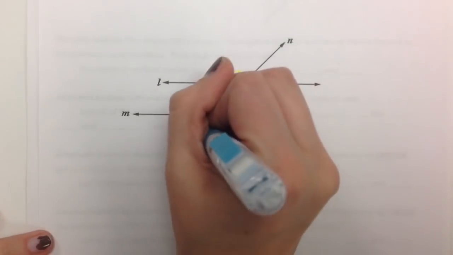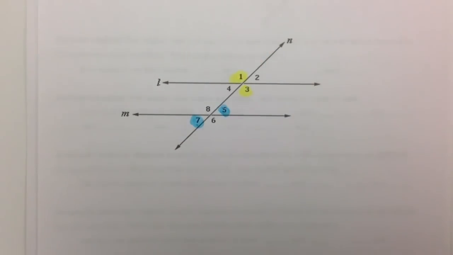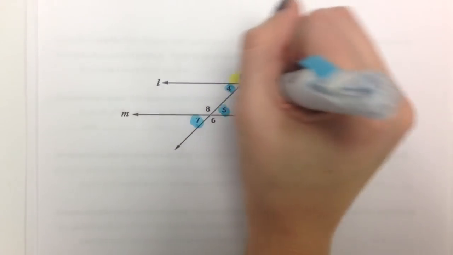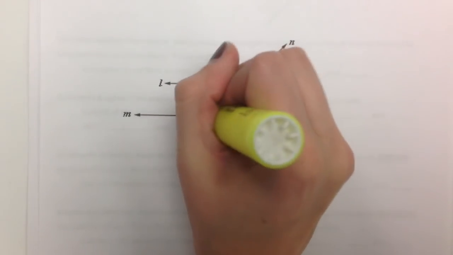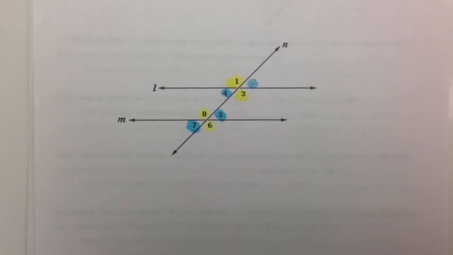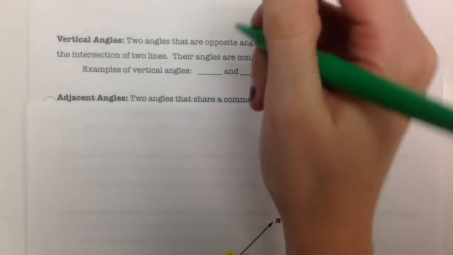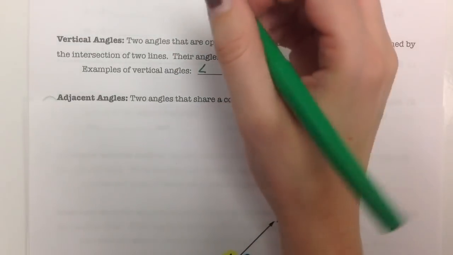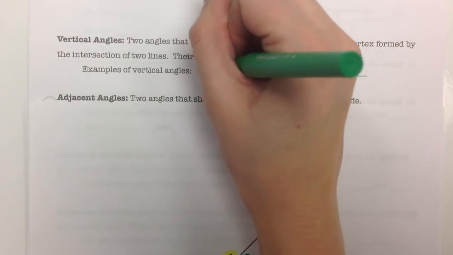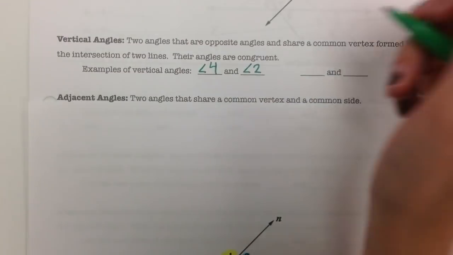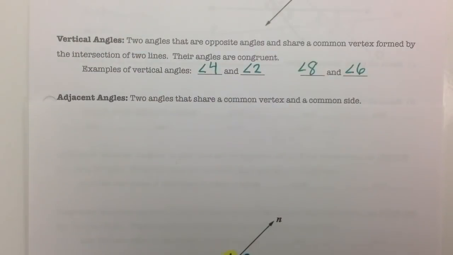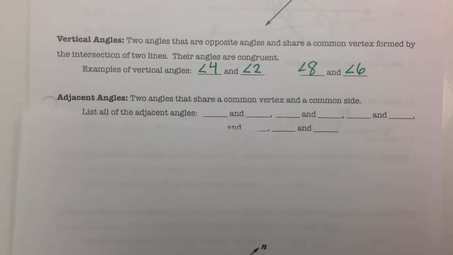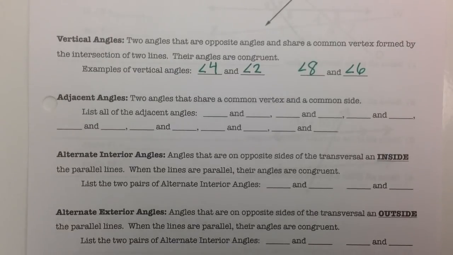Or I could look down here and I've got 7 and 5, or 4 and 2, and 8 and 6. Those are all examples of vertical angles. So let's write a few down here. We've got, let's say, angle 4 and angle 2, or angle 8 and angle 6. Those are both examples of vertical angles.